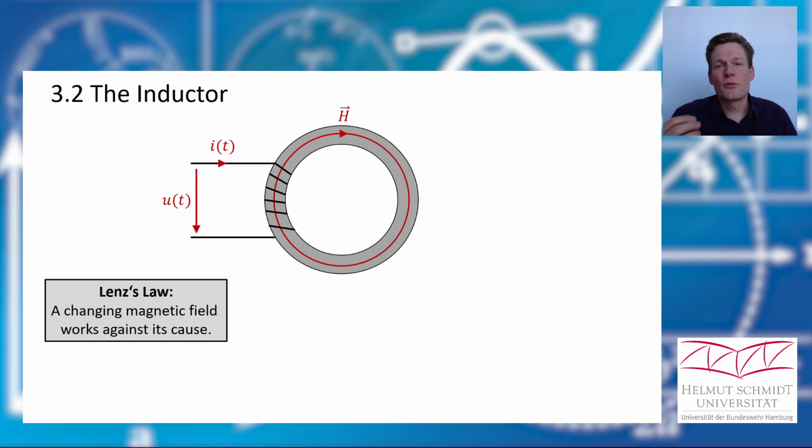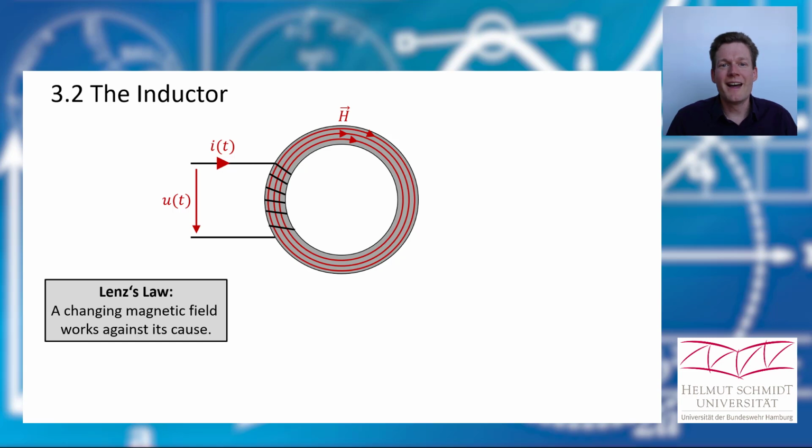And if the current increases, I indicated with a bigger arrow, then the magnetic field increases, and this still leads to a voltage drop. And as long as the current increases, the magnetic field will increase, and this always leads to a voltage drop.